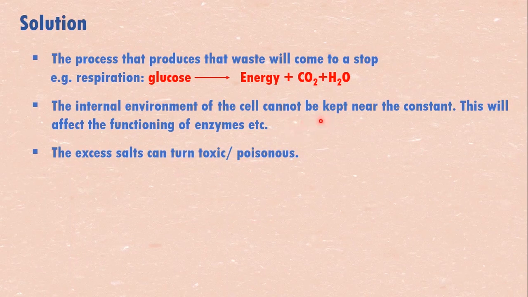Ionic exchanges can go on, enzymes can function, but once other substances build up, then the internal environment cannot be near constant to keep the levels at which enzymes can function. And then if excess salts are not removed, they can build up to higher levels, and the whole thing is toxic and poisonous, and the cell will die. Good.